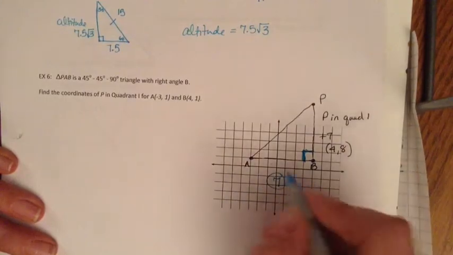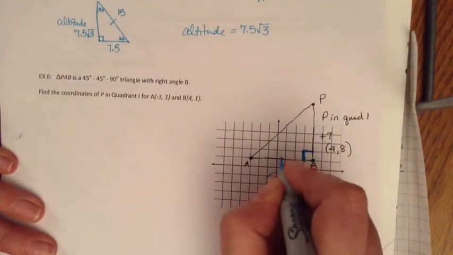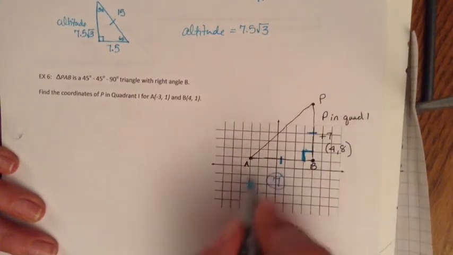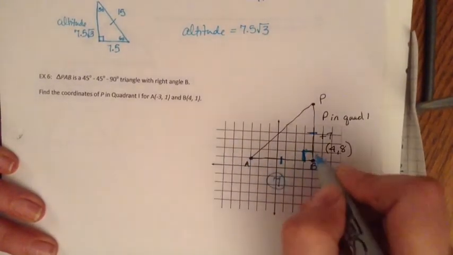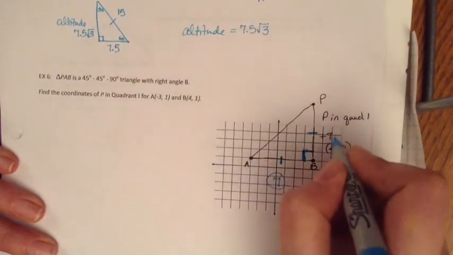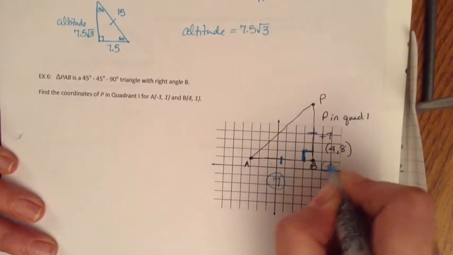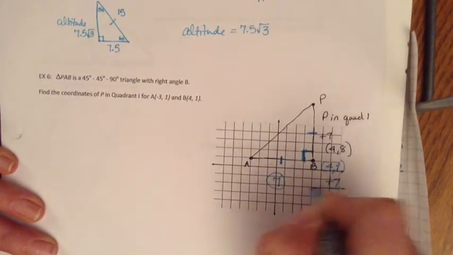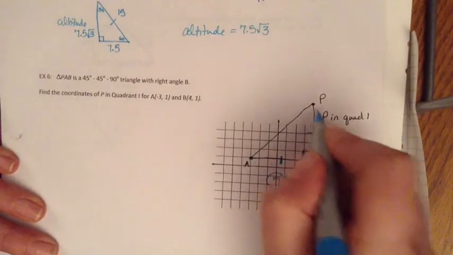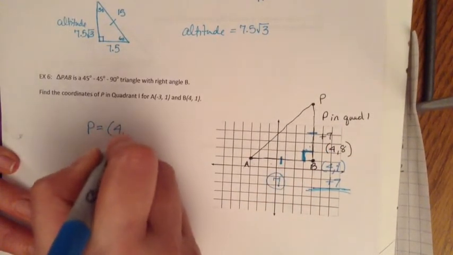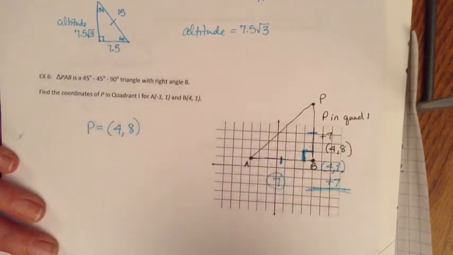If this is a 45, 45, I know that this segment has to be congruent to that segment. So if AB is 7 units long, then BP better be 7 units long. All you have to do is take point B and add 7 units to the Y value, or you can just count up 7 units. So coordinate P is 4, 8.